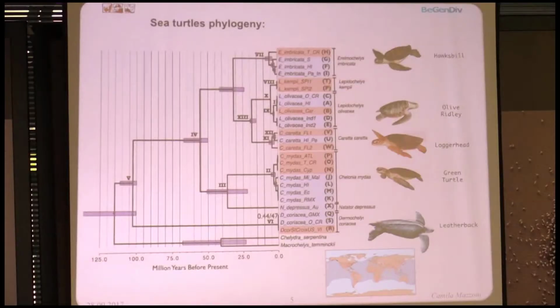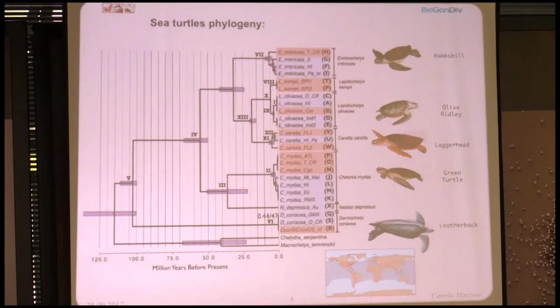So here is the phylogeny of the sea turtles. As I said, there are 7 living species, and they go all the way down to about 100 million years ago. The most basal lineage, the leatherback, was living with the dinosaurs. At least when you see some pictures of dinosaurs, you can see a leatherback swimming there.